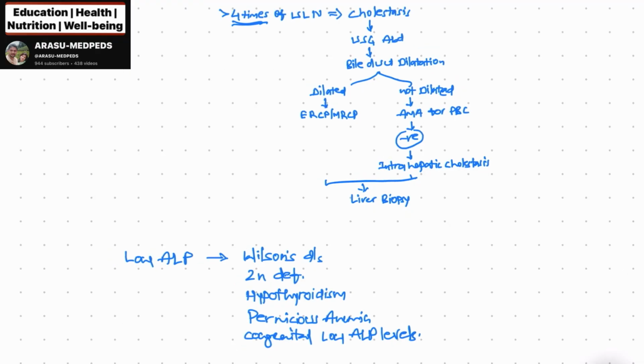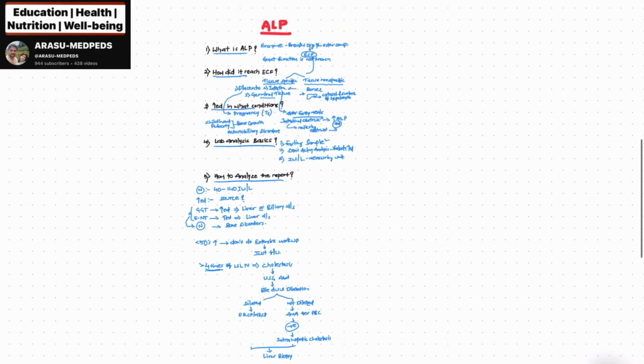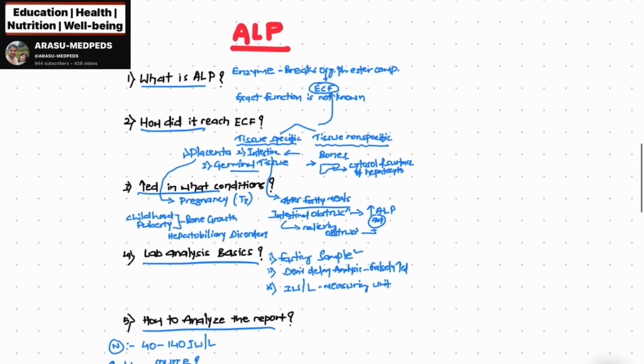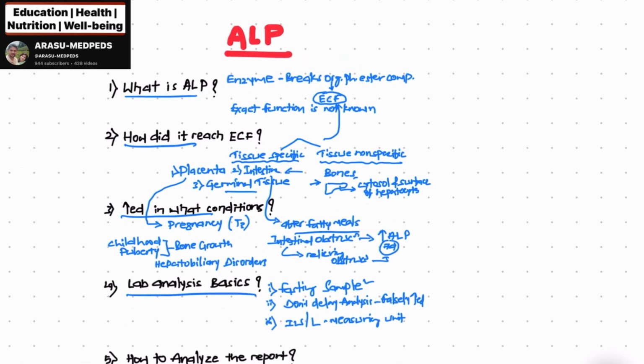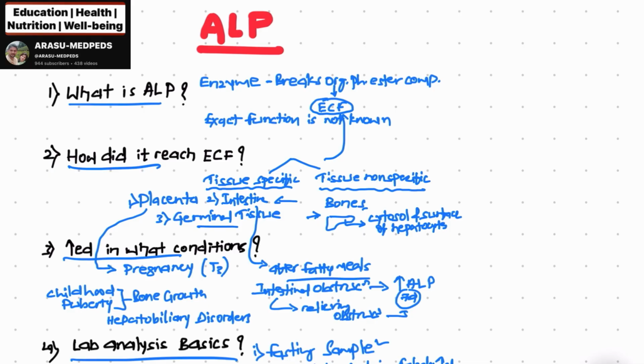So the overall point here to summarize about ALP is, first of all, it is an enzyme which is often seen in liver function test reports, and this enzyme will break organic phosphate ester compounds in the serum, that is extracellular fluid, but the exact function of this molecule is not known.